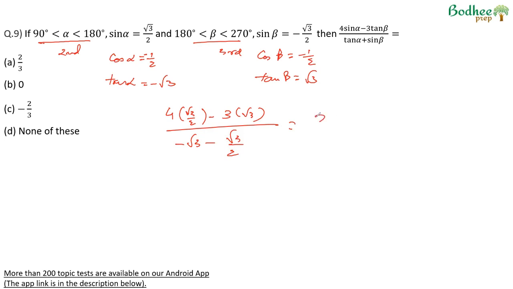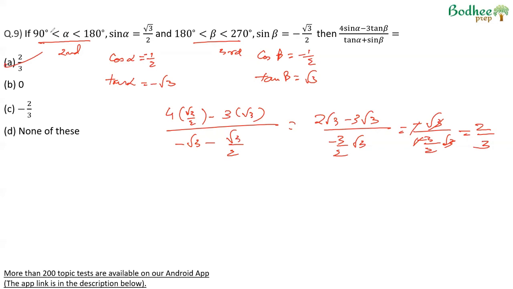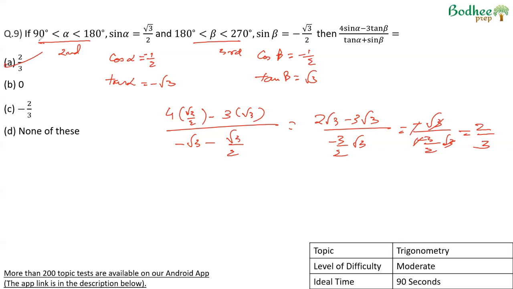This becomes 2 root 3 minus 3 root 3 upon 1 minus 1 by 2 minus 3 by 2 root 3. So minus root 3 upon minus 3 by 2 root 3. Root 3 cancels, negative cancels. So 1 upon 3 by 2, or 2 by 3, becomes my answer. Easy question, just finding the values and putting in the expression, about 1.5 minutes to solve.